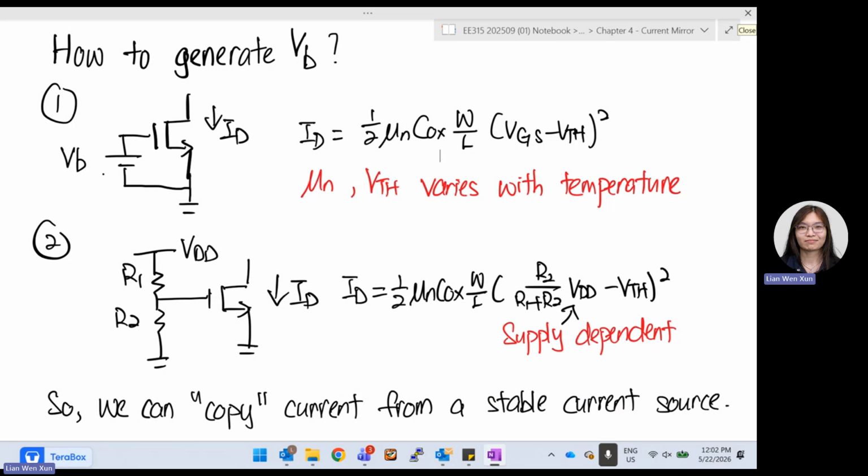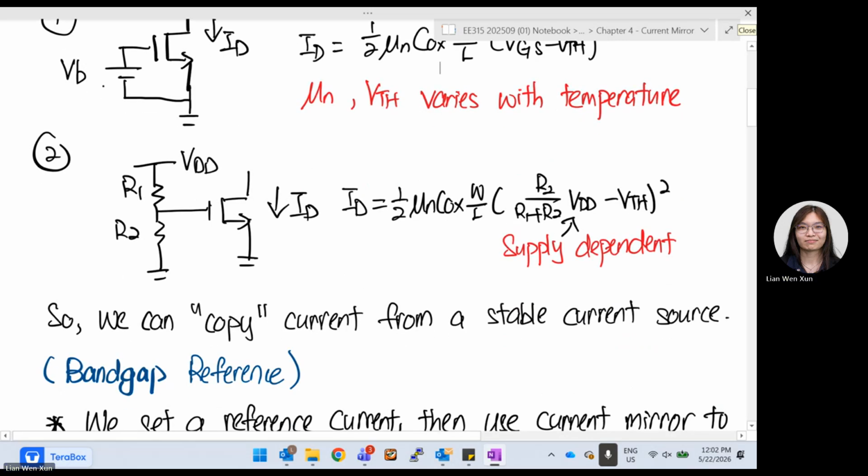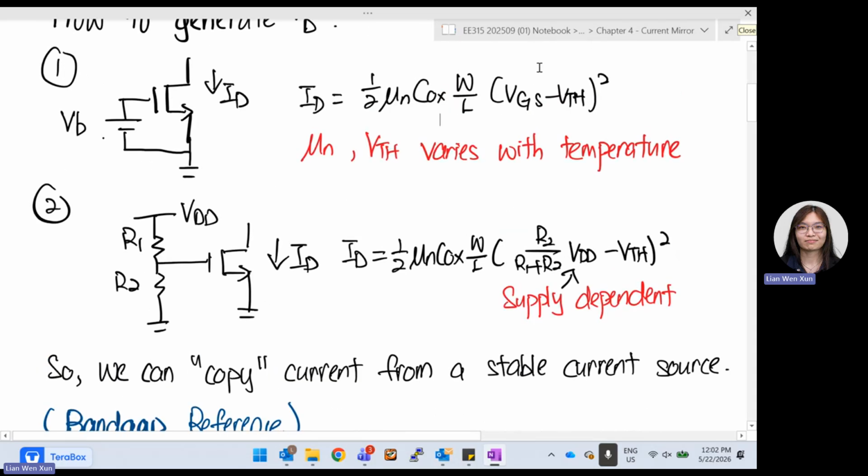Second case, we can try. We know that we need to pump a voltage. So we build a voltage divider, R1 and R2. Once we pump into the gate, the output of R2 will be this gate voltage. So the equation becomes ID equals half mu n Cox W over L. Initially it was VGS, the gate-source voltage, but this gate voltage is now the voltage divider minus VTH.